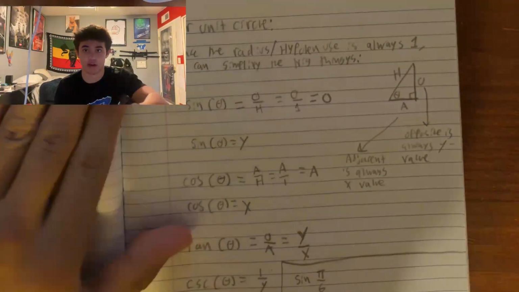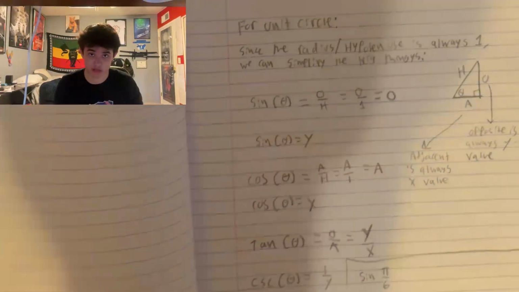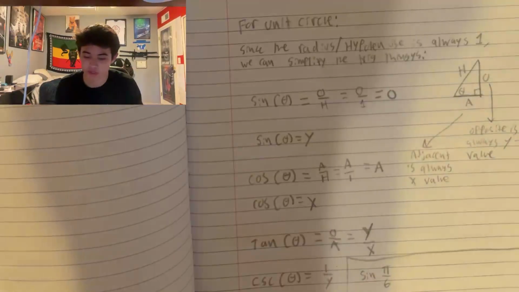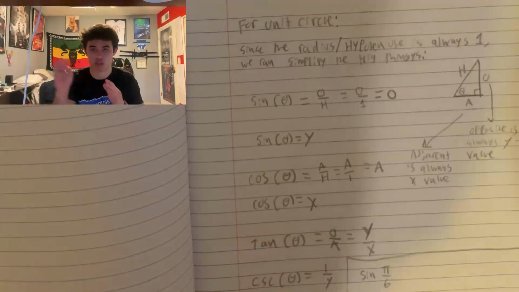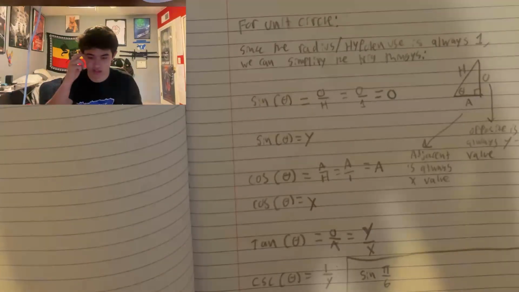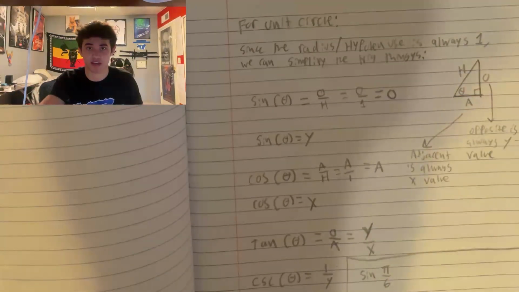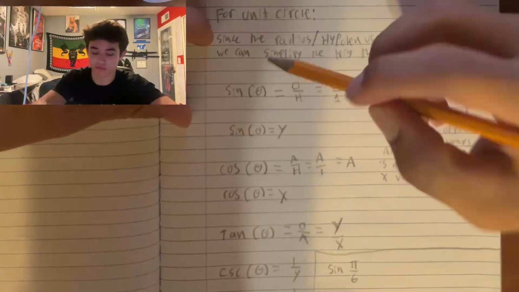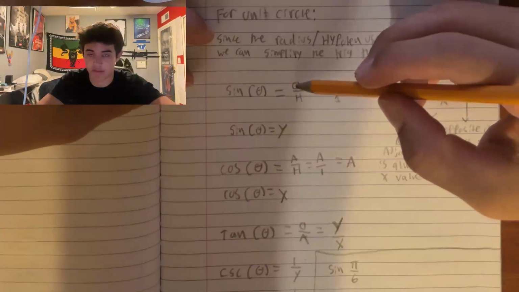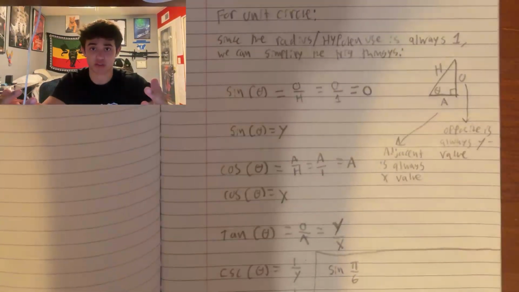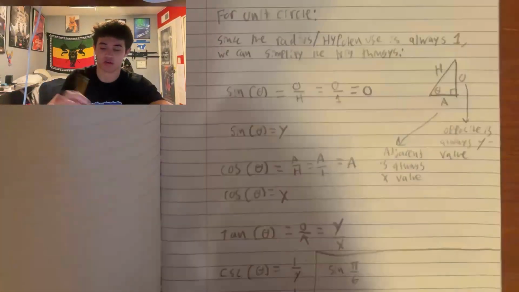All right, so now if we were going to use these functions on the triangles that are in our unit circle, since the radius of the unit circle, or the hypotenuse, is always 1, like I said earlier, then we can just simplify these trig functions. So sine of an angle is equal to opposite over hypotenuse. The hypotenuse of a unit circle, or the radius, is always 1.